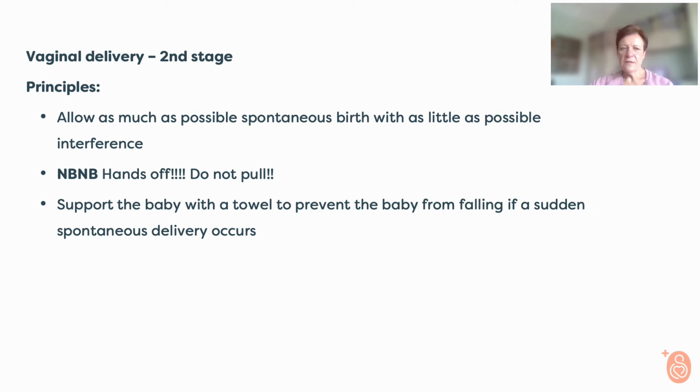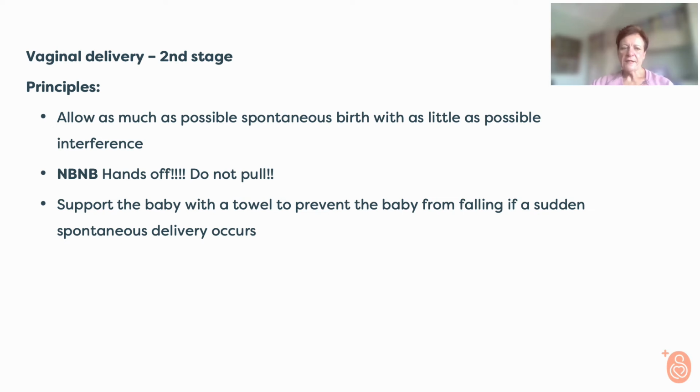So the most important principle in the management of the second stage of labor is to allow as much spontaneous birth as possible with as little interference as possible. That is so very important, and you will see that in the little YouTube video that I will end this series with. So that is very, very important.